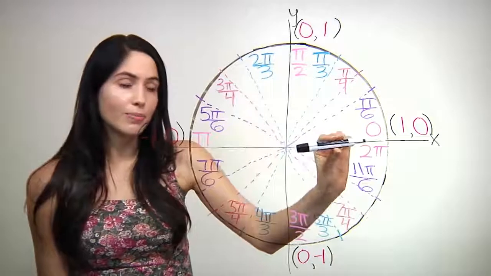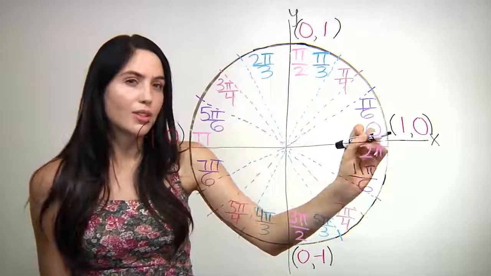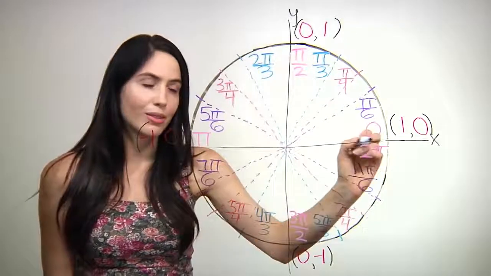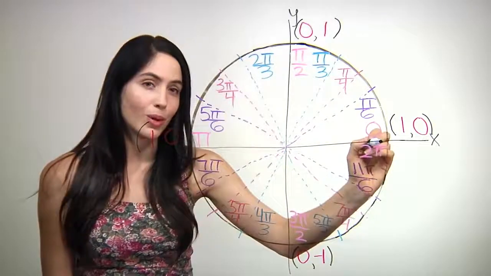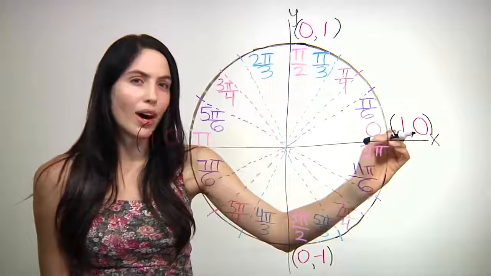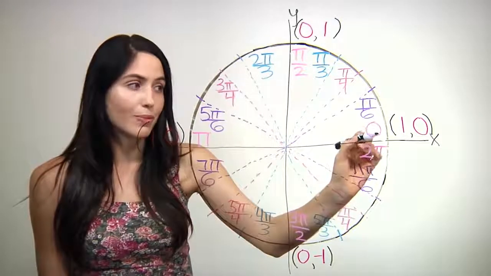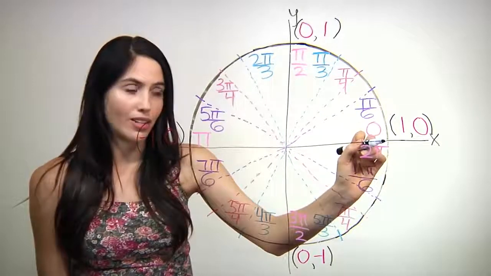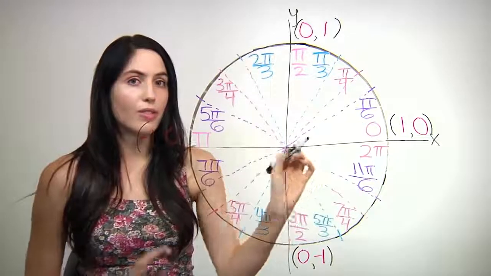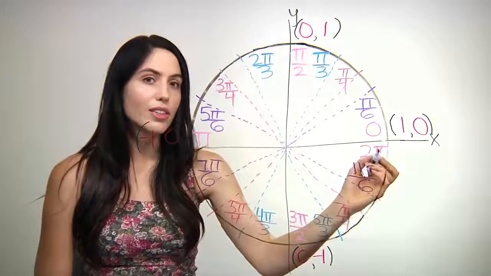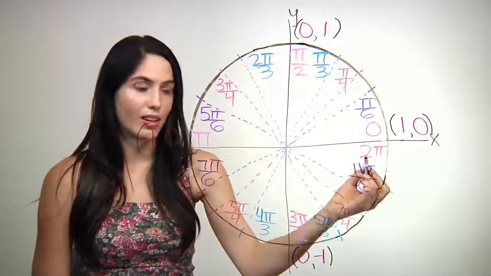So for this angle, 0, the x coordinate is 1 because this is a unit circle. It has a radius of 1. So the x distance is 1. And the y coordinate is 0 because this point has no height. The distance in the y direction is 0. Now, this is very important. These two coordinate values also give you your cosine and sine.